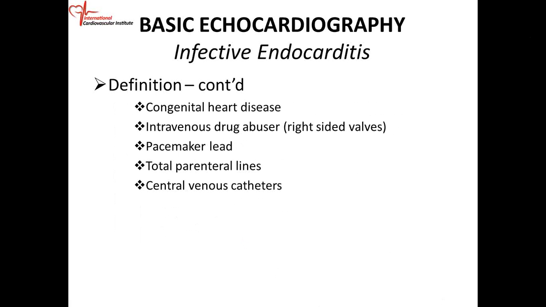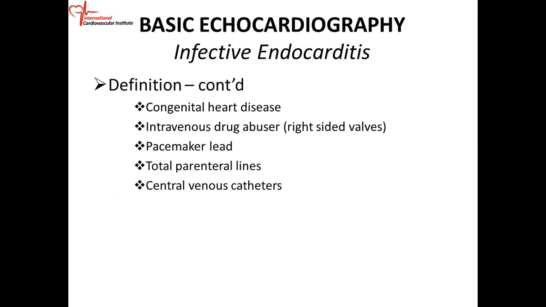Commonly, intravenous drug abusers, because they use dirty needles and inject directly through the skin without cleaning the skin. So they will overwhelm even the normal heart valve with infectious material. And of course, some of these intravenous drug abusers might be immunocompromised.